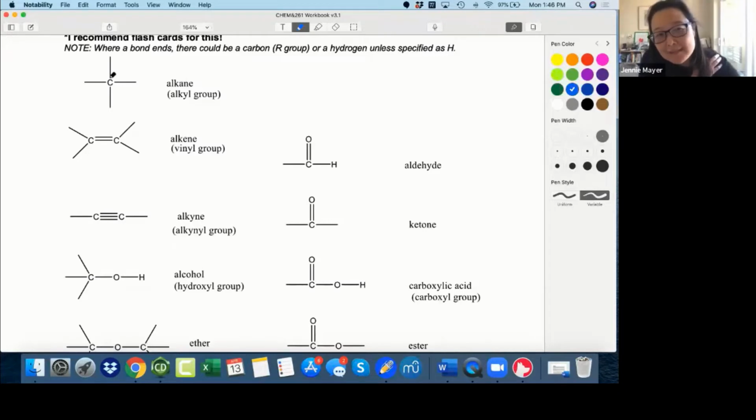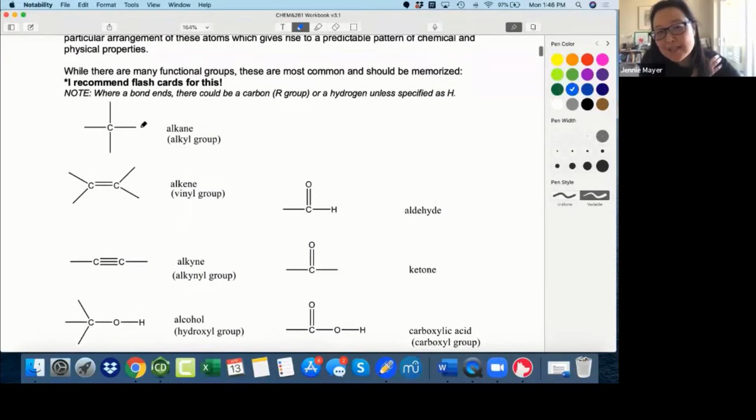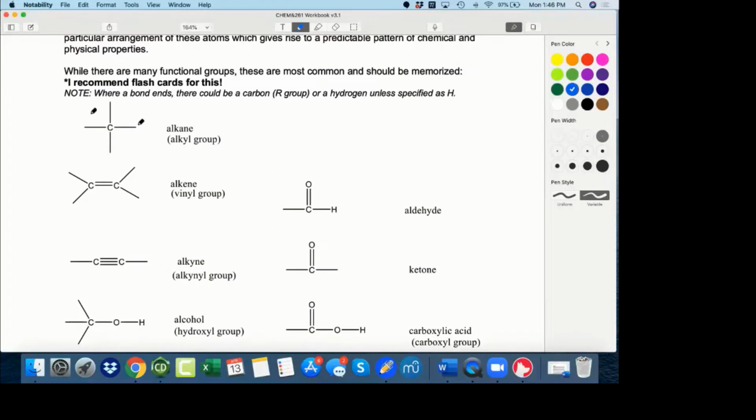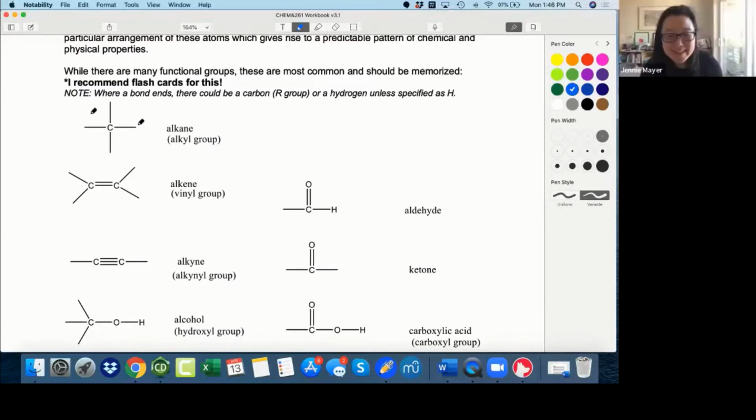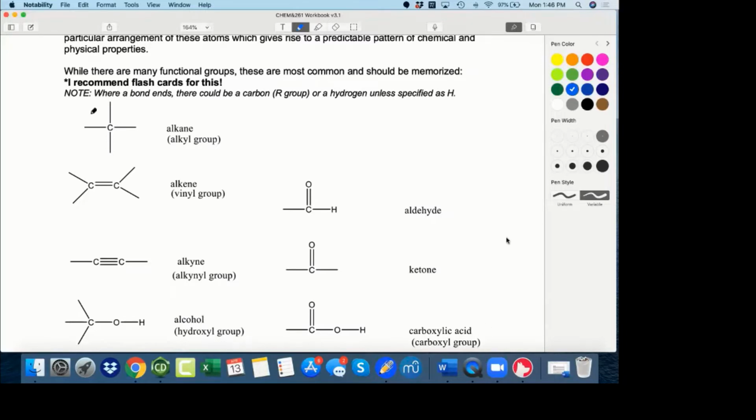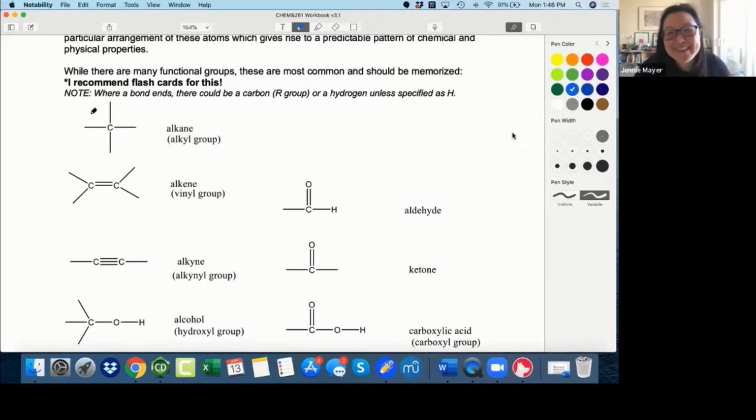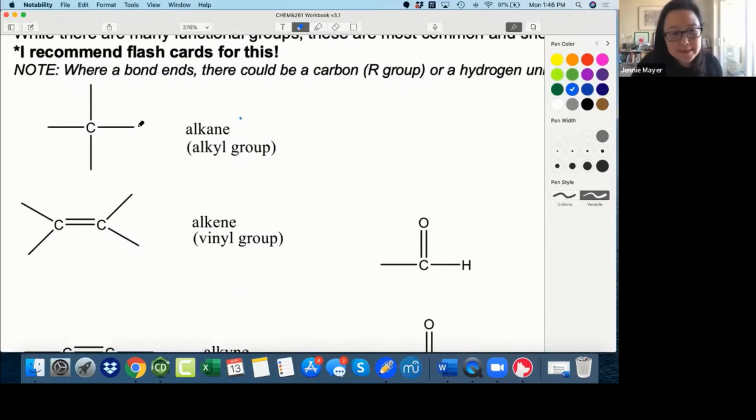These lines mean that there's something attached to them at the end. Now, last time we talked about when we draw a line, what do we assume is right here? Do we assume it's a hydrogen or a carbon? All right, we assume it's a carbon. Very good, guys. So when it's not specified, it usually means carbon, but in this context it could mean anything attached here.